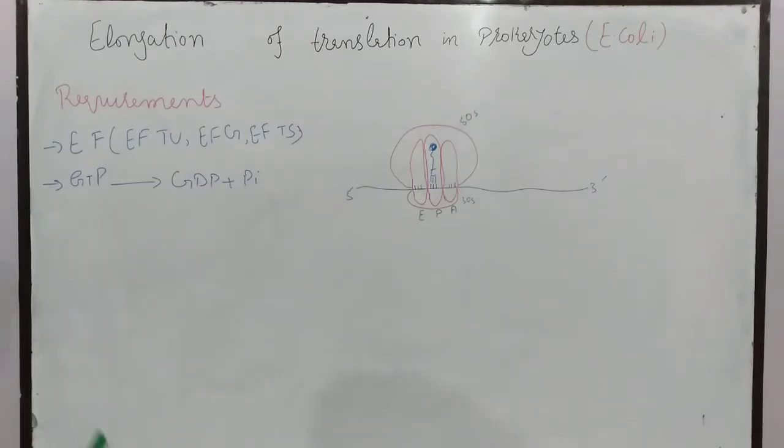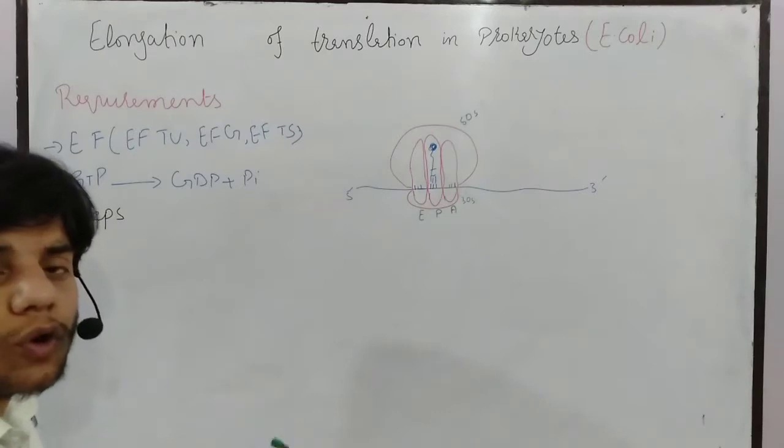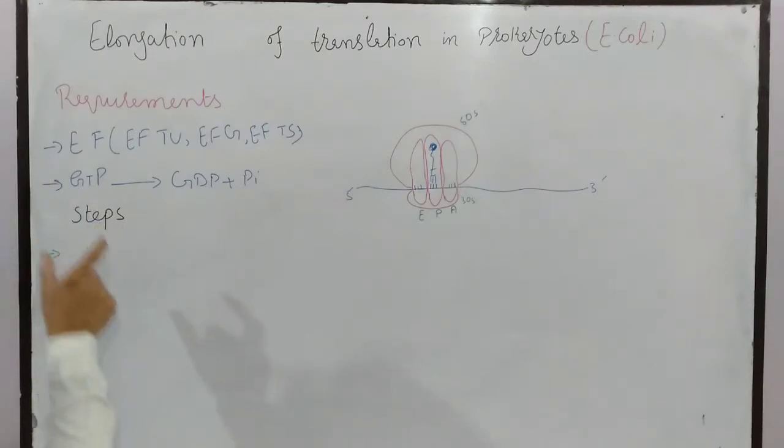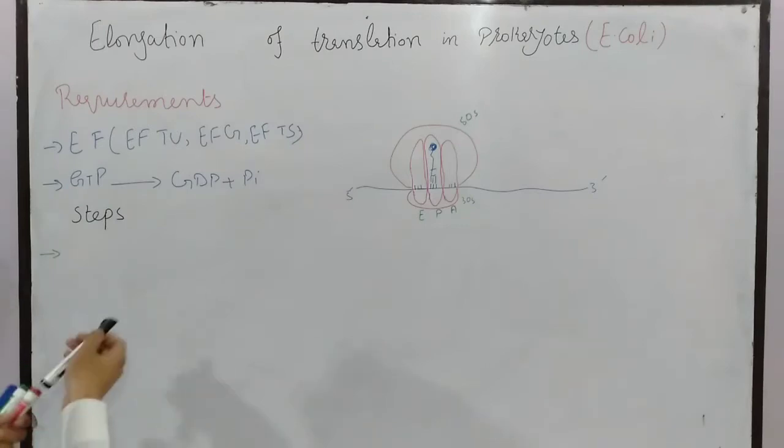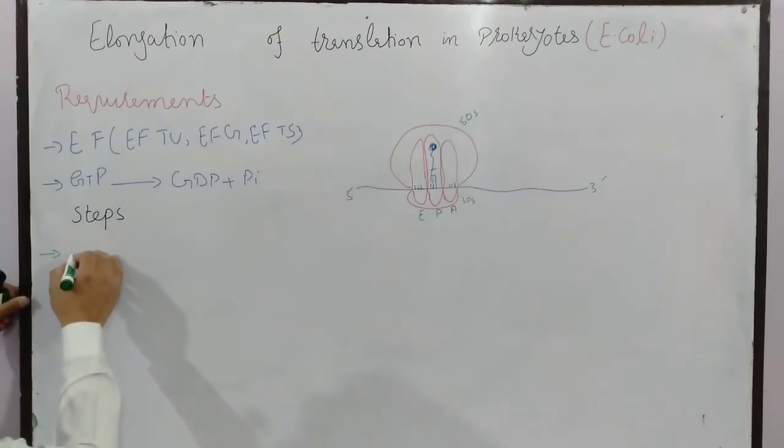Now, how many steps are involved in elongation of translation? So let's talk about that. We also call it the phases of the elongation cycle. We mainly require three phases of the elongation cycle. The first is called the aminoacyl transfer RNA binding step.